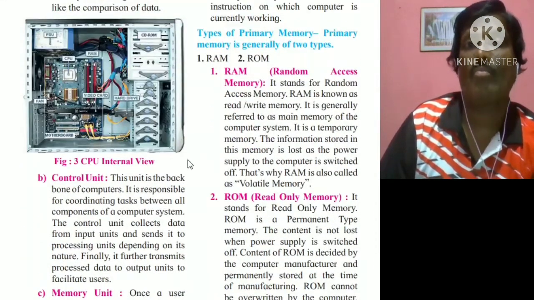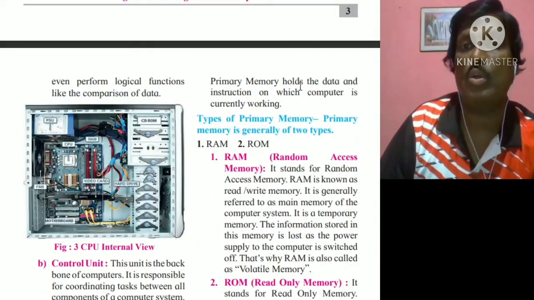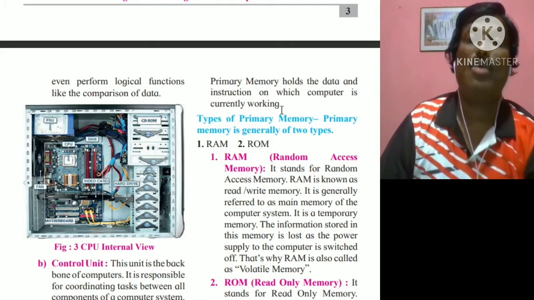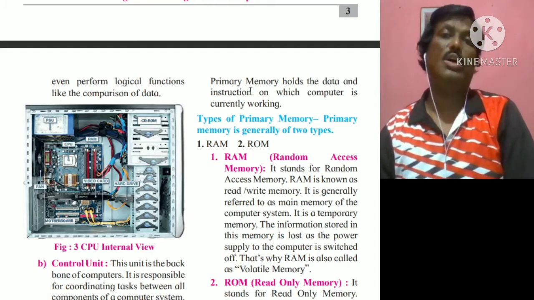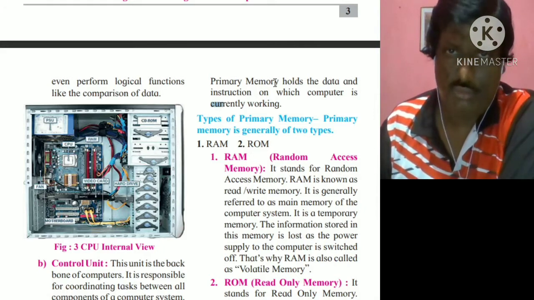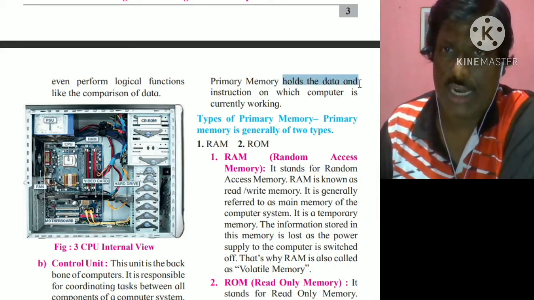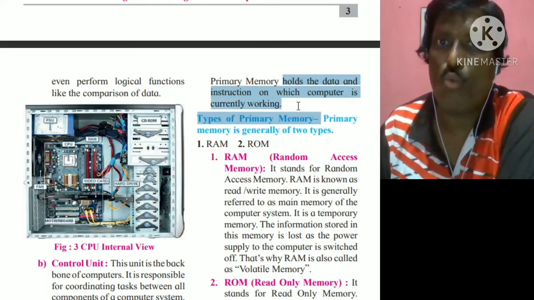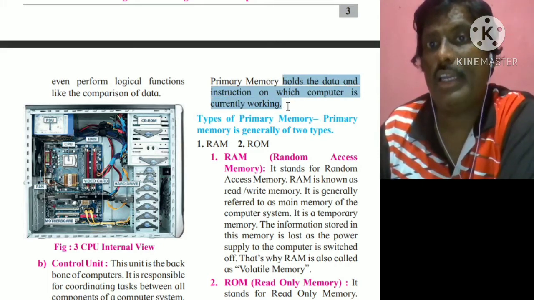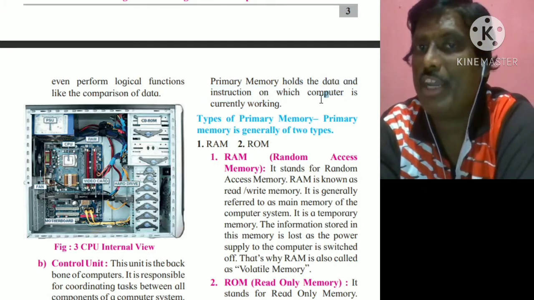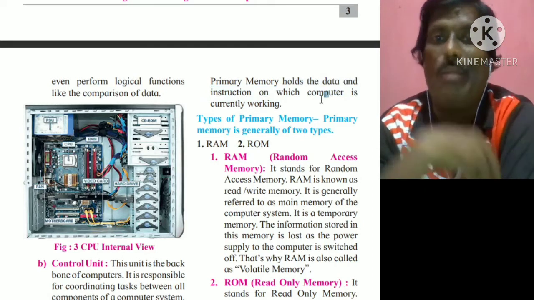Then primary memory holds the data and instructions on which computer is currently working. So it is called the working memory of a computer.